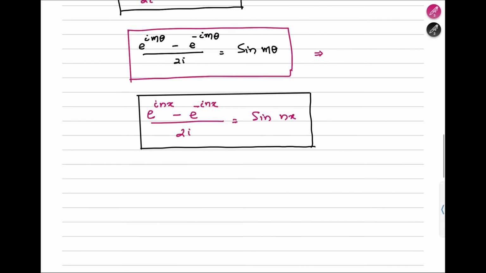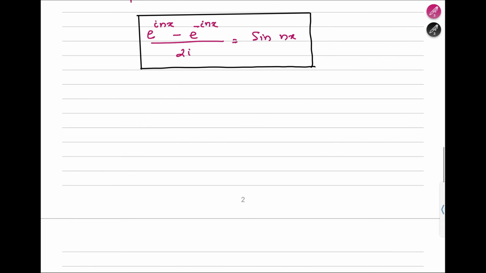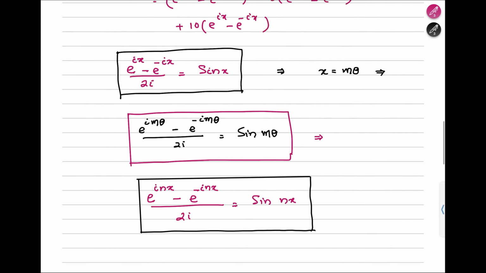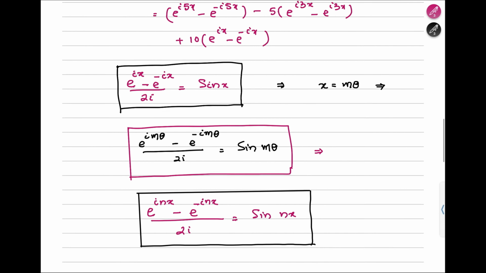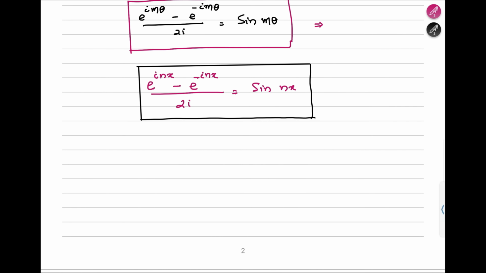Now, with this, what is it that we have got? Now, e to the power of i 5x minus e to the power of minus i 5x can be written as 2i into sin 5x.